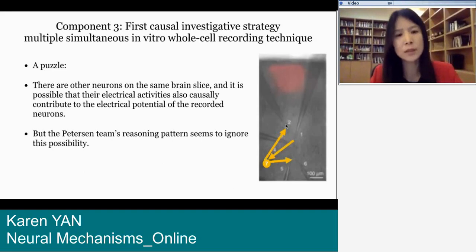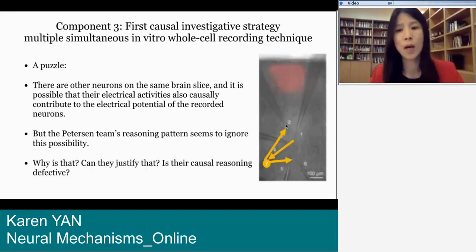But the Peterson team's reasoning pattern in this context seems to ignore this possibility. And why is that? Can they justify that? Is their causal reasoning defective because they ignore this possibility?